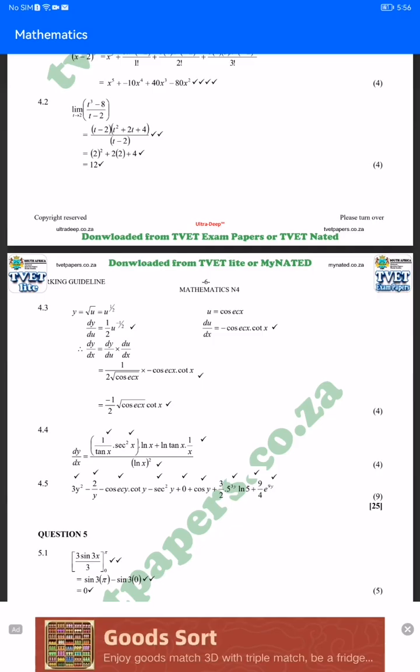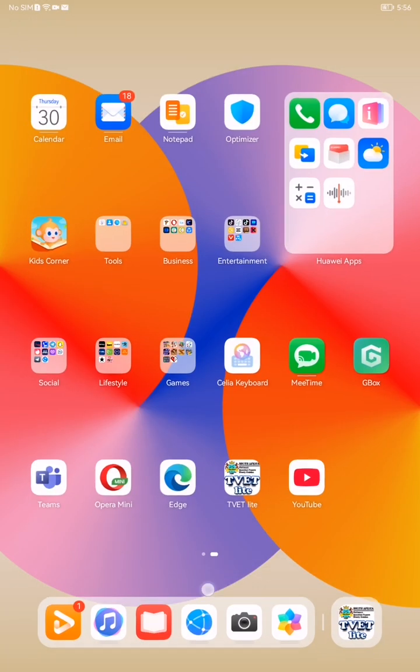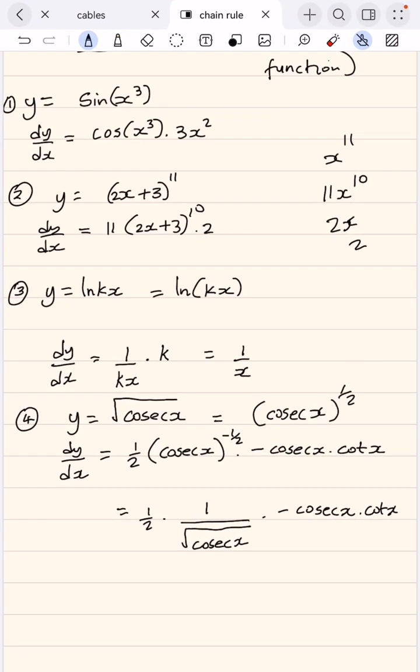It cancelled, you're left with one square root. Because remember, this is like saying x exponent over square root of x, and we know when you divide the same things you subtract the exponent. So this is 1 minus half, you get half. So that's why they're left with the square root of cosec. So yeah, simplify as much as possible.